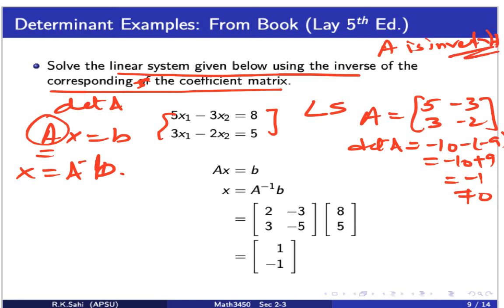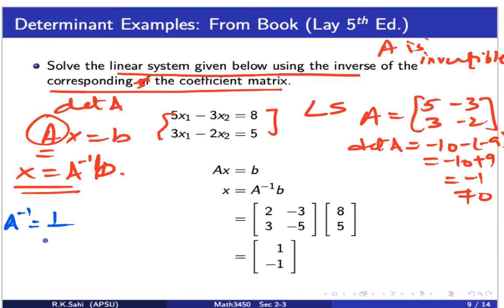Now, if A is invertible, what is the theorem we just talked about? If A is invertible, then X, the solution, is given by A inverse B, and we then only have to do a matrix product. How do we write A inverse? It's a 2 by 2 matrix. A inverse, remember, is 1 over the determinant of A, which we got to be -1.